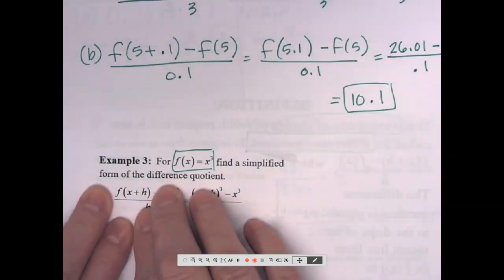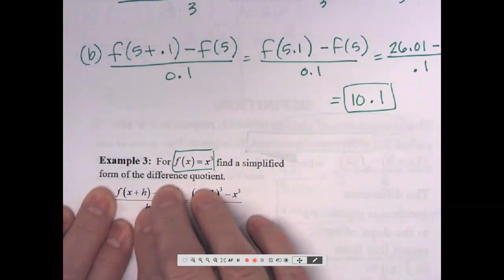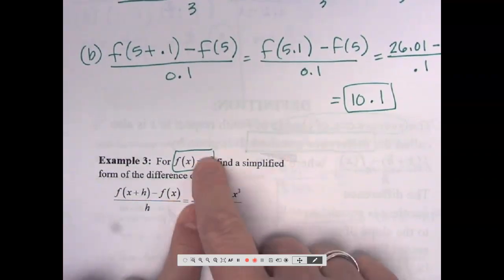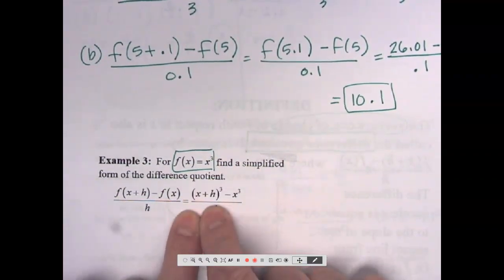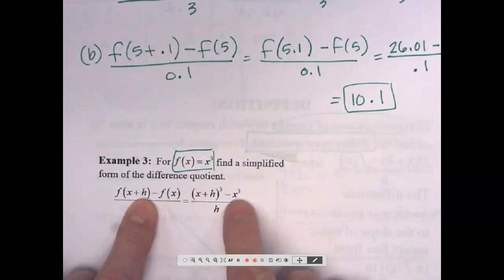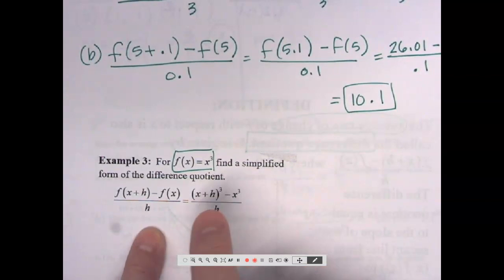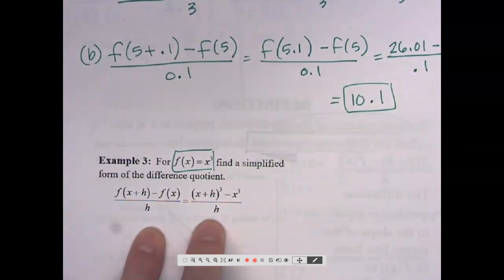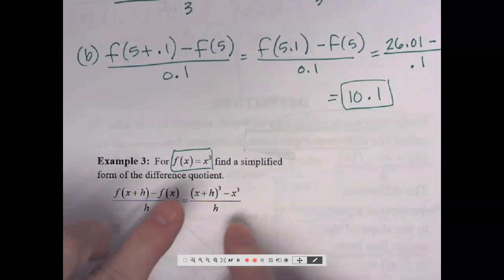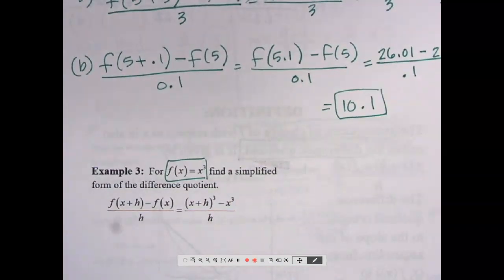If I say find f of x plus h, it means plug x plus h into this function, which means I'm going to cube x plus h, minus f of x, that's x cubed, and divide by h. Is everybody okay with that step right there? That's probably the biggest place that people will make mistakes, just setting up that first step.